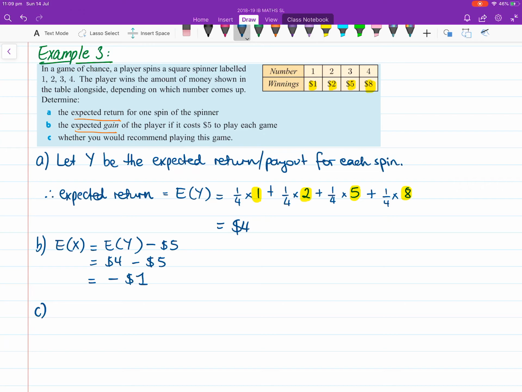And then C, whether you would recommend playing this game. You would actually recommend no, because the game is not fair. You can't win back what you put in. In that case, the E of X should be 0, but our E of X is -1. So that means, on average, you are going to lose $1 for every spin. So since E of X does not equal 0, this game is not fair.